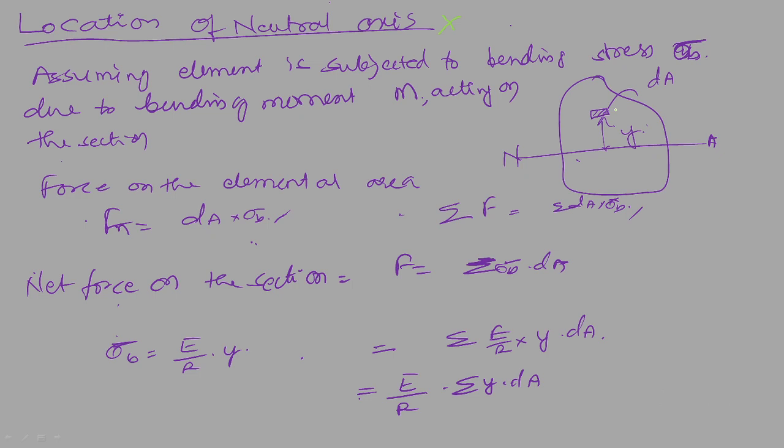That is, summation of y into dA, which is the first moment of area, and the term becomes zero. That shows the centroidal axis coincides with the neutral axis. Now we'll continue with the bending moment and radius of curvature relation.